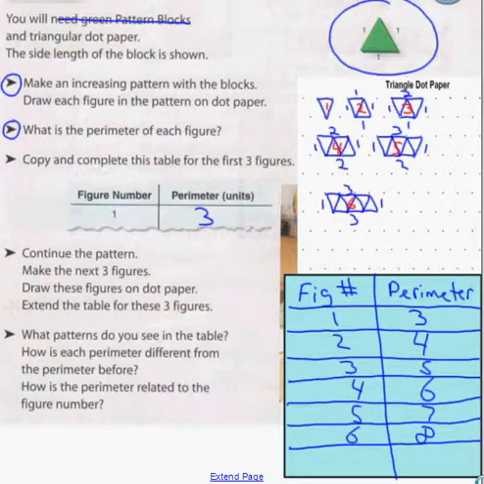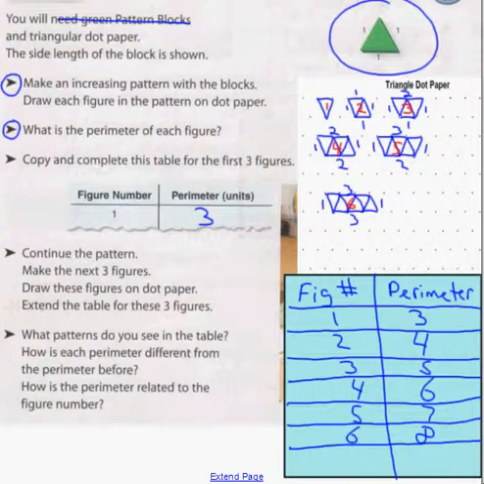Alright, so basically we can see that there is a relationship here between the figure number and the perimeter. You might say something like this: the perimeter is increasing by 1 each time. Or you can look at the figure number and say, the figure number is increasing by 1 each time.